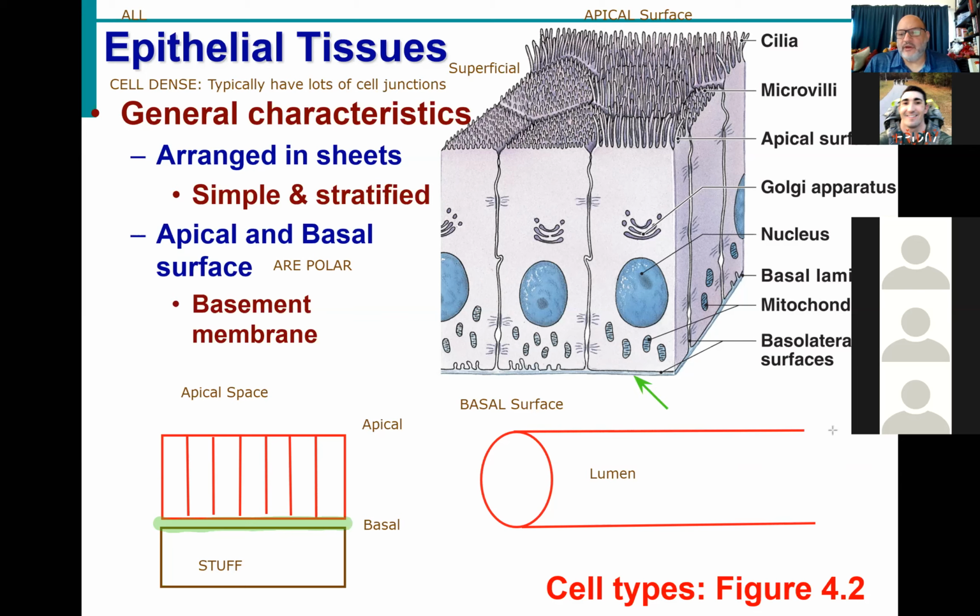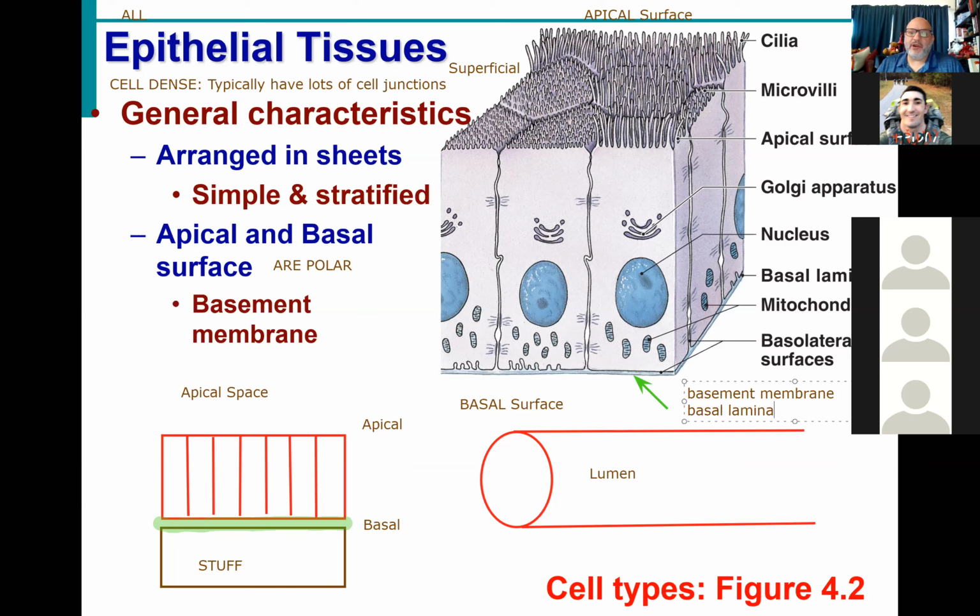And this glue is what is known as the basement membrane. Or, because as we've mentioned, anatomists love to name everything, it is also referred to as the basal lamina. Basal means bottom, lamina means layer.